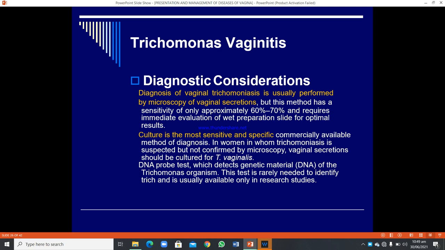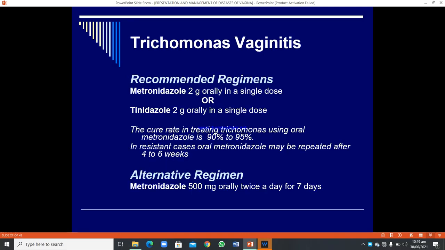In women in whom trichomoniasis is suspected but not confirmed by microscopy, vaginal secretions should be cultured for Trichomonas vaginalis. DNA probe test detects genetic material (DNA) of the Trichomonas organism. This test is rarely needed to identify Trichomonas and is usually available only in research studies.